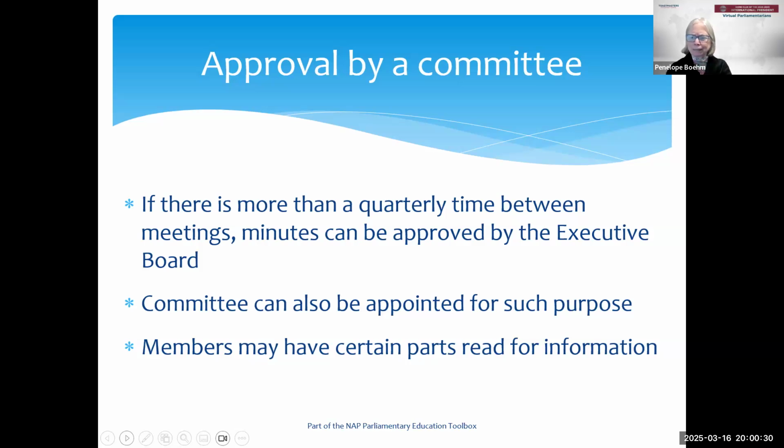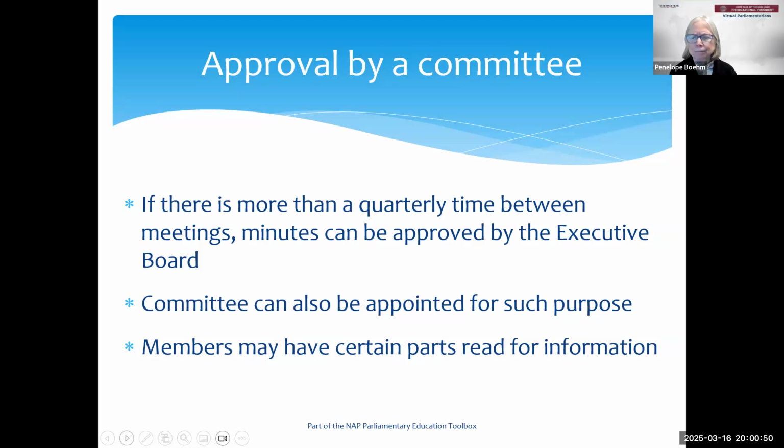I don't know, and Rick may have more information on this than I do, but I believe that we're required to present the minutes to the membership as a whole at the next district council or district executive committee meeting, even if they've been reviewed by a committee. I agree with you, Penelope. Okay.